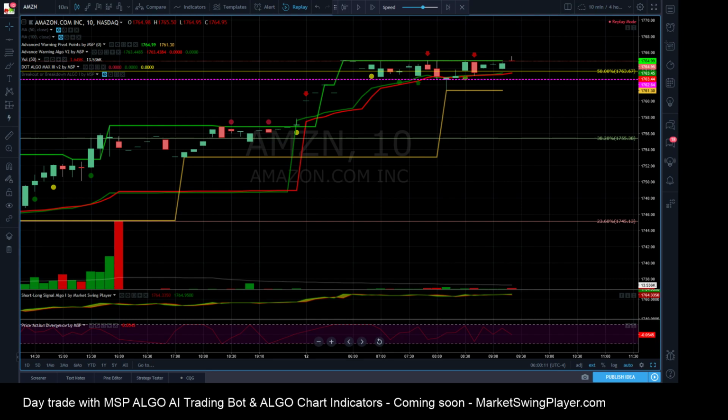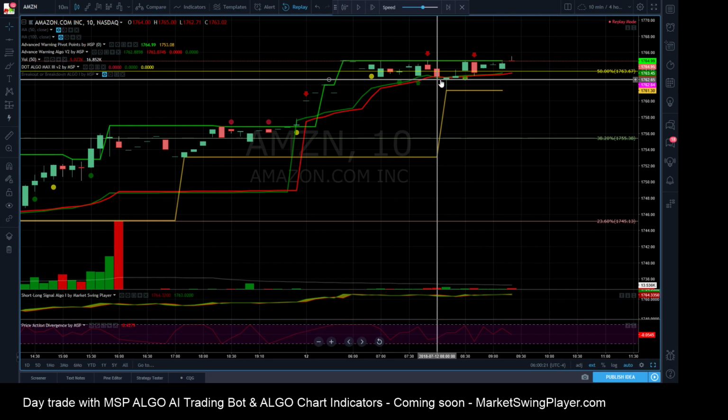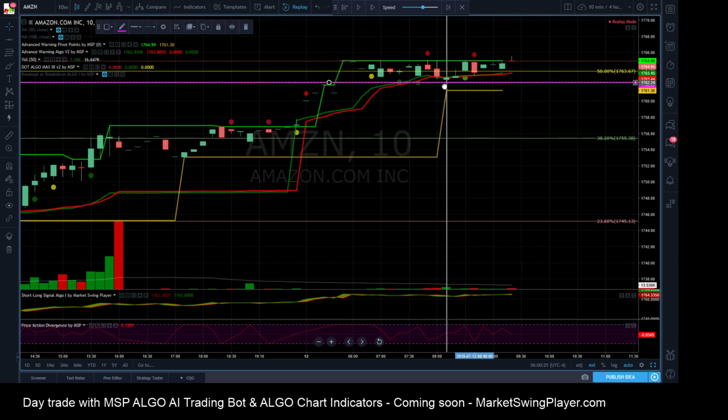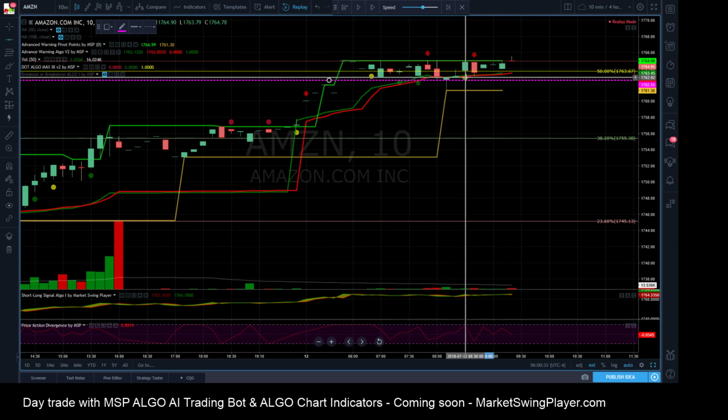Support and resistance is not an exact price, but we do know that somewhere close by we're looking to try to get in here. So we're going to say we have a support and resistance range.